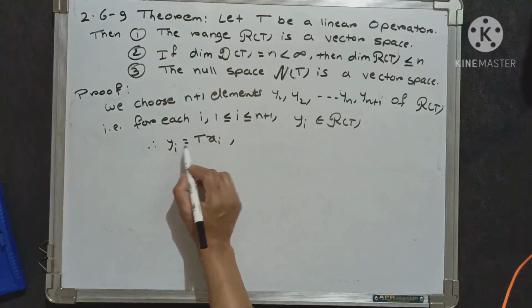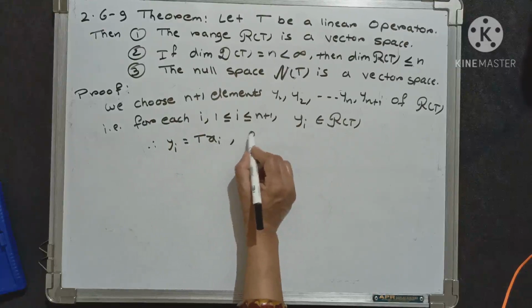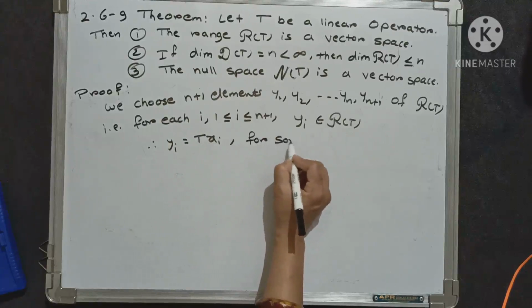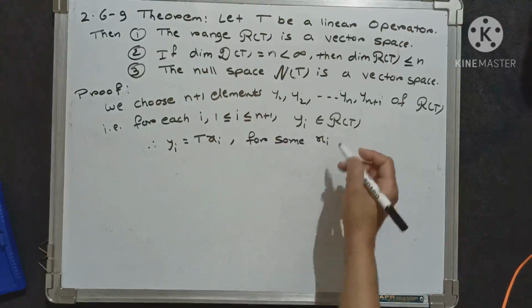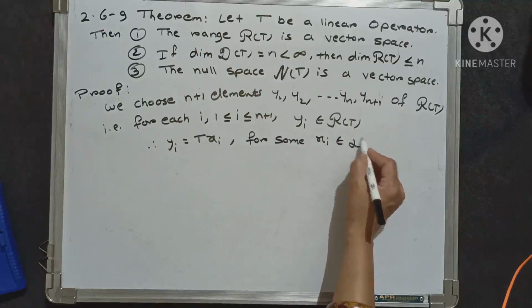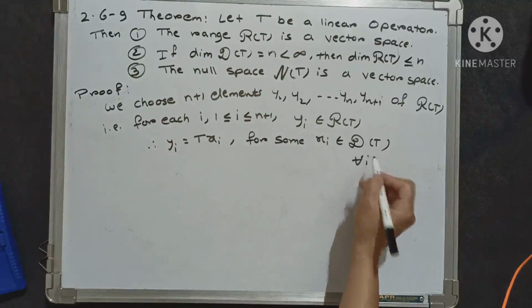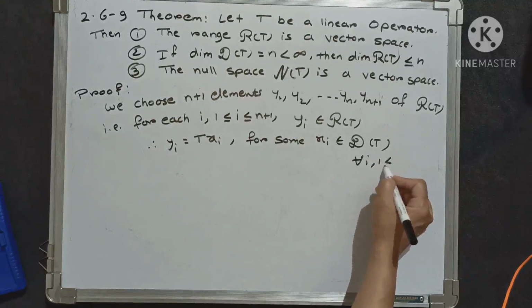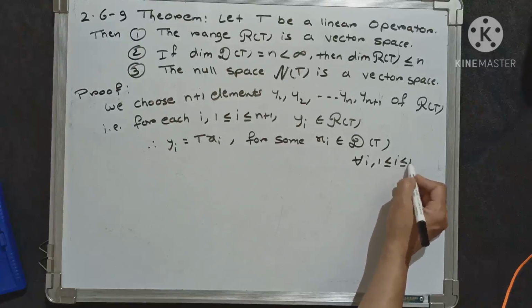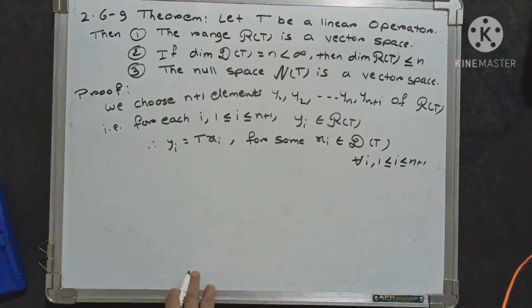That is, yi equals T xi for some xi belonging to the domain script D of T, for all i with 1 less than or equal to i less than or equal to n plus 1.